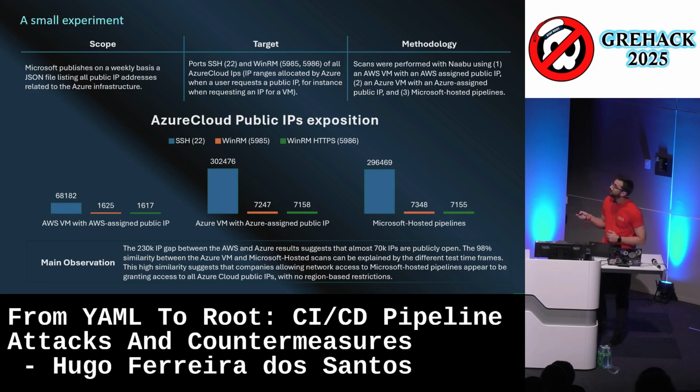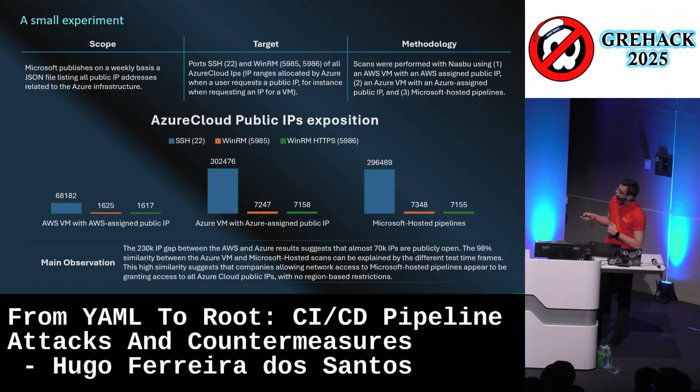What we did is run SSH and WinRM, two protocols that are used by Ansible, on all those IPs that are allocated to public. And we did it using Naabu on an AWS VM. So you have the results here.